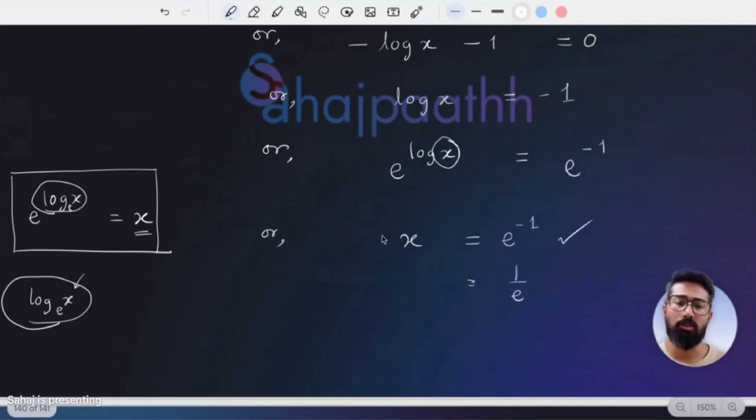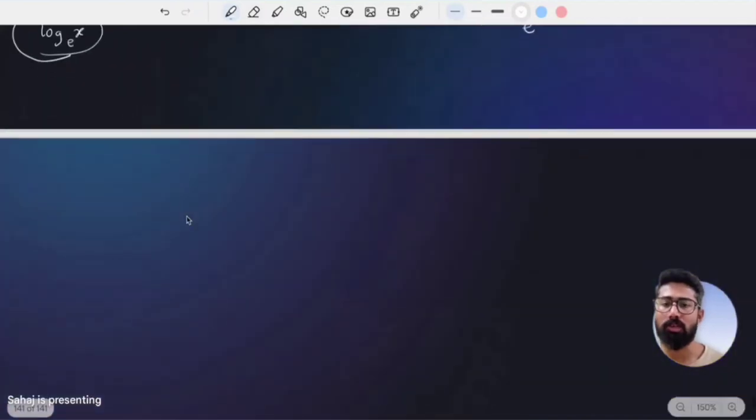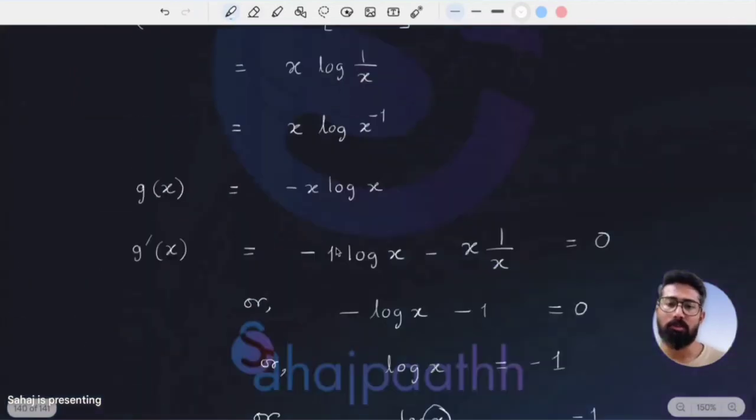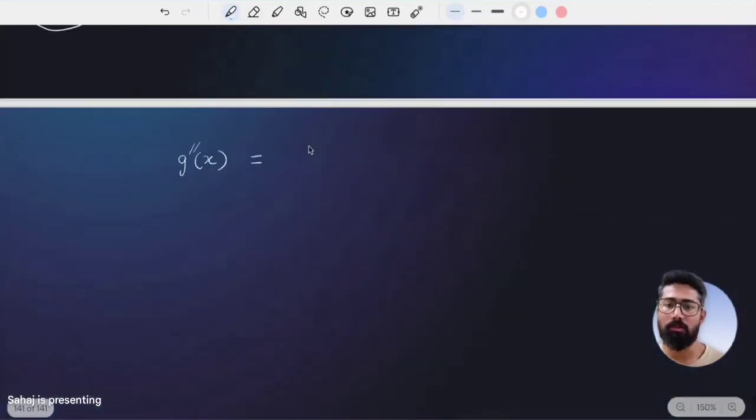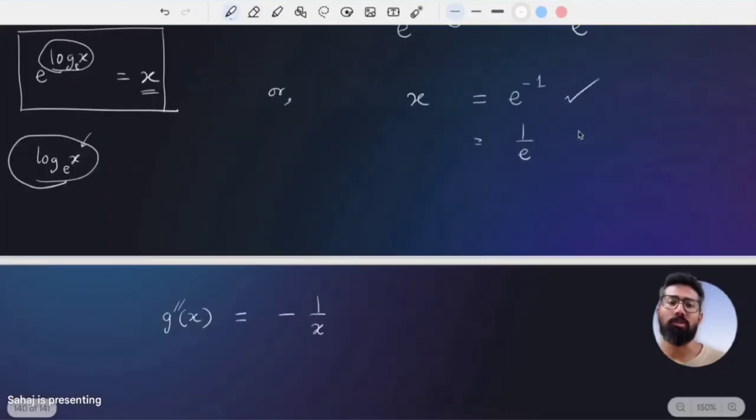So there's something going on at this point. Let's see what's going on. Take the second derivative, g prime of x, g double prime of x. So g prime was minus log x minus 1. Take another derivative, it becomes minus 1 by x. And you put in the value x equals 1 by e.